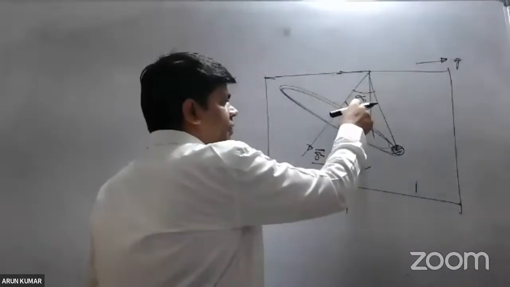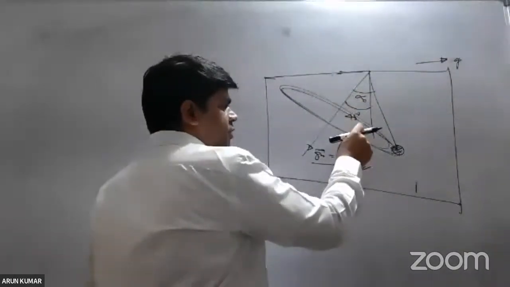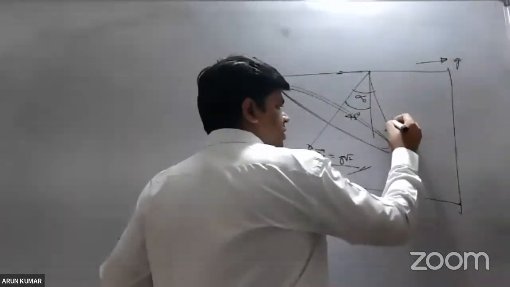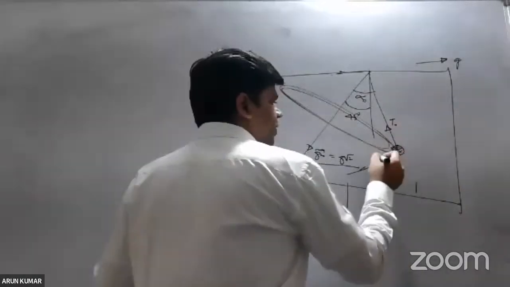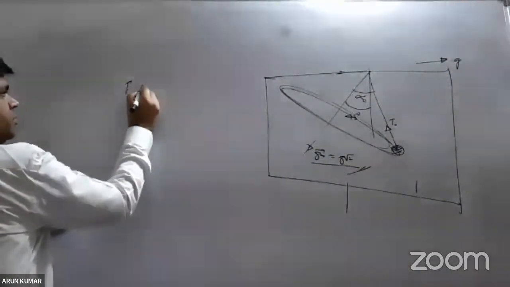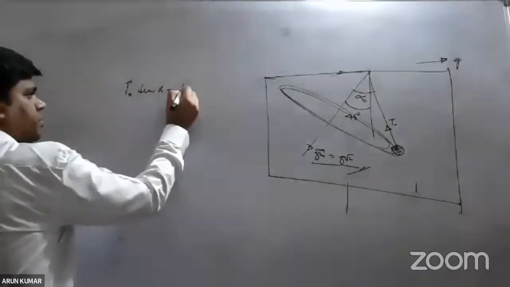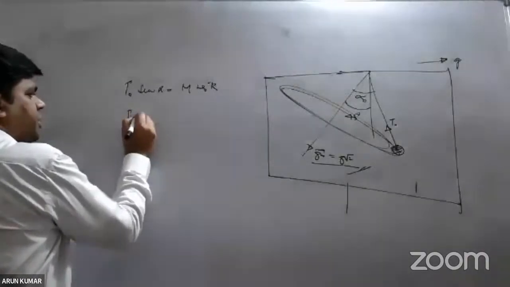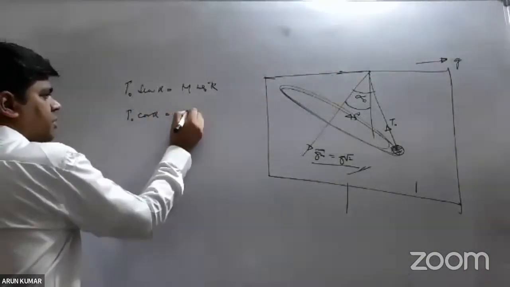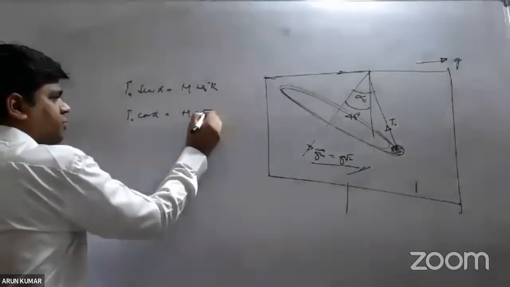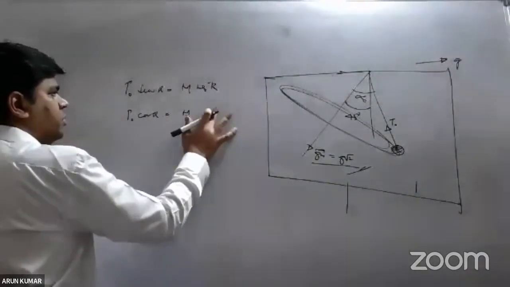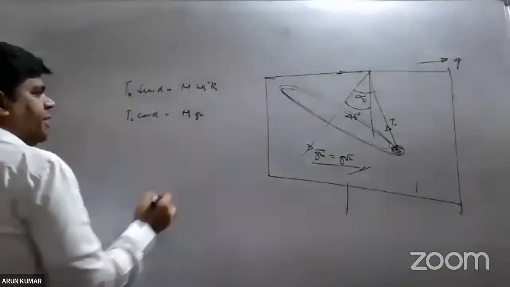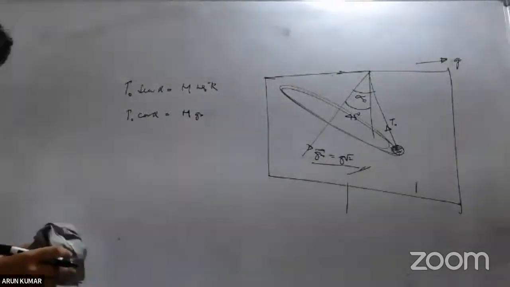So can you now find angle alpha, or tan alpha, with respect to this tilted axis? Let this be T naught. T naught sine alpha is m omega square r. T naught cos alpha is equal to m g effective, or mg root 2. Why is it mg effective?